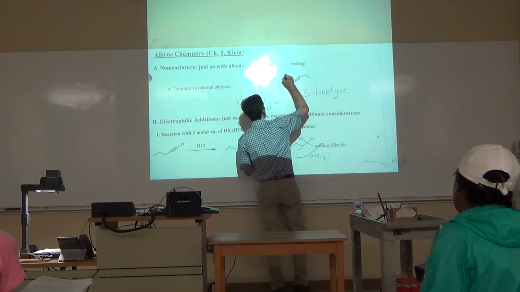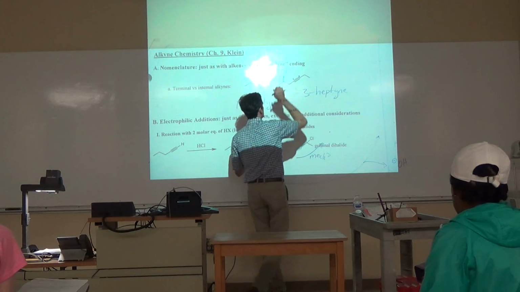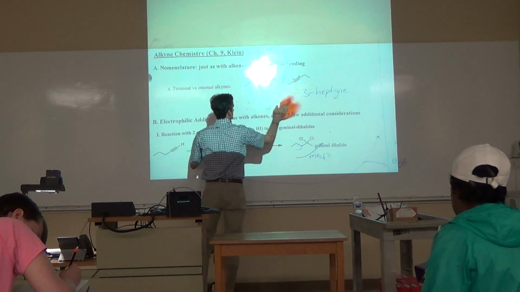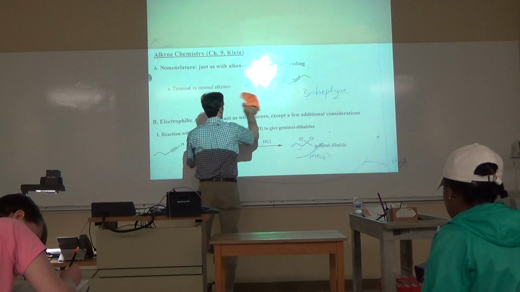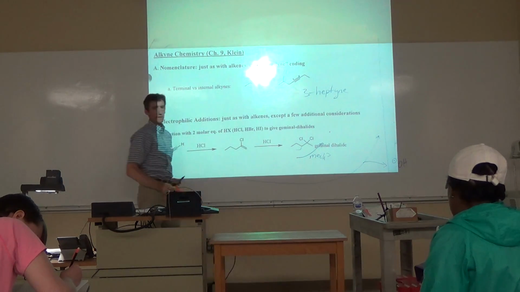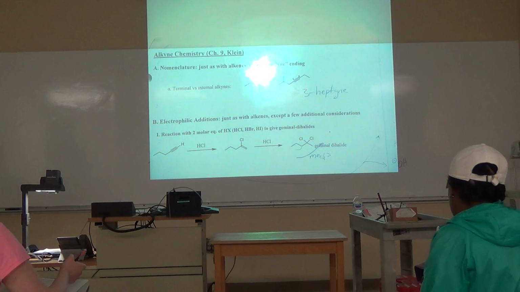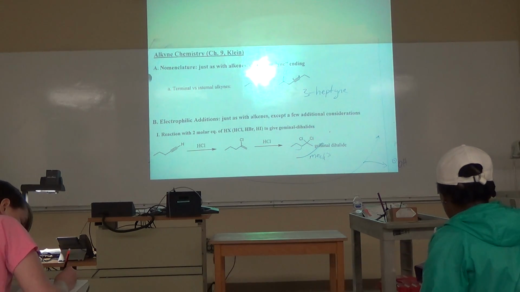How about this? What if I put a chlorine here, and I'll give it some stereochemistry. What would the name of that compound be? You know 3-heptyne was the original.